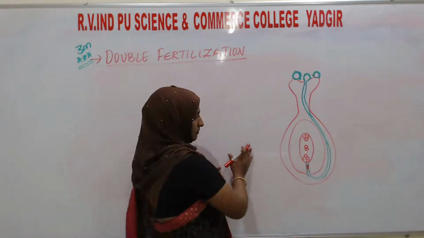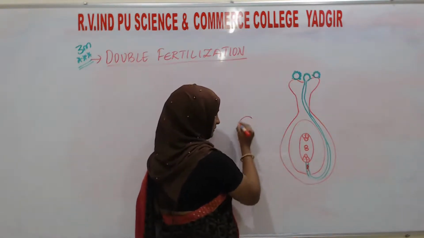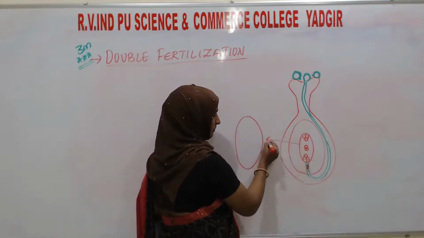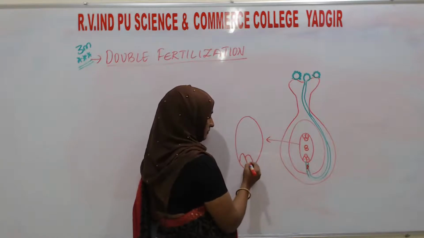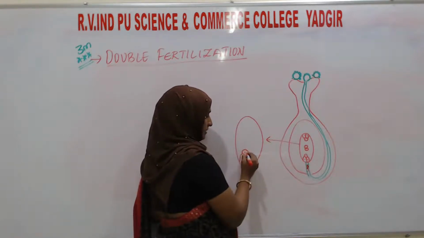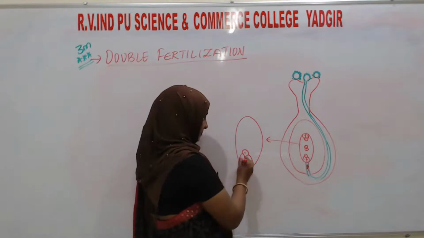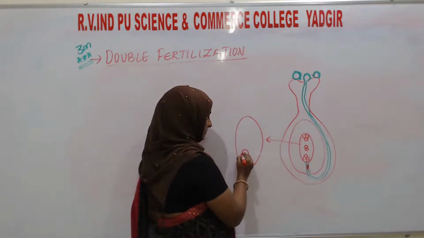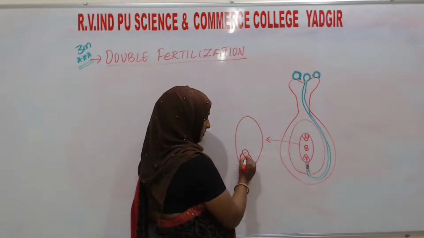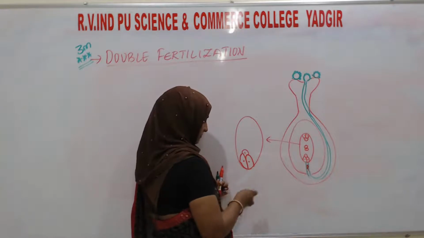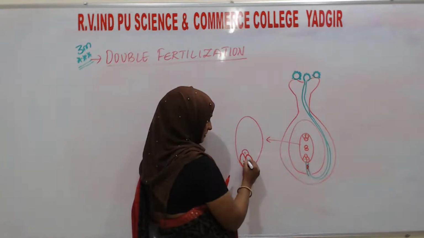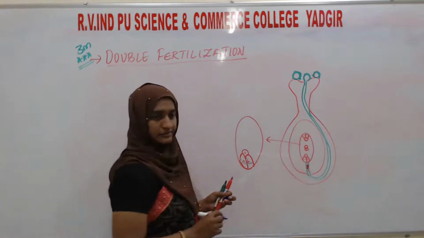Here I will show you. This is the embryo sac, where two synergids are there and one egg cell is there. Within these two synergids, a filiform apparatus is there. This is the filiform apparatus.